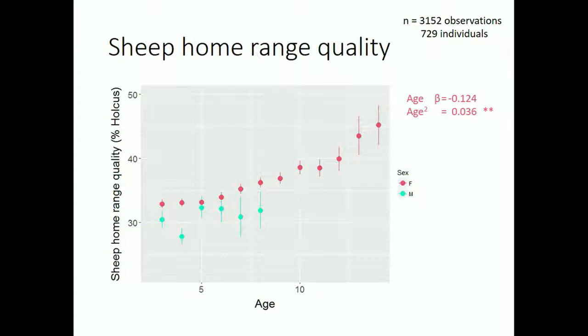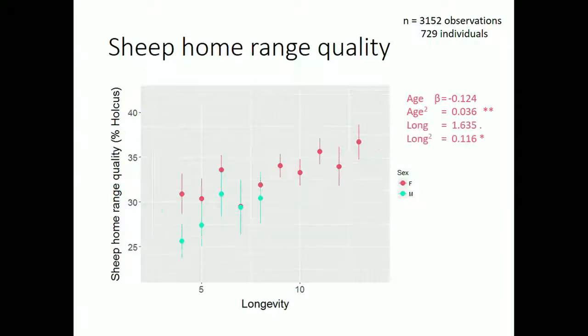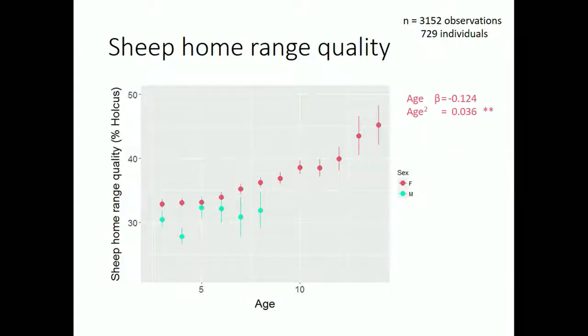Larger home ranges tend to be of poorer quality, but this is significant independent of that, and also independent of the fact that females with better quality home ranges tend to be longer lived. So there is some contribution of selective disappearance of females with poor home ranges, but the within-individual increase in home range quality, right into the later stages, is still significant.